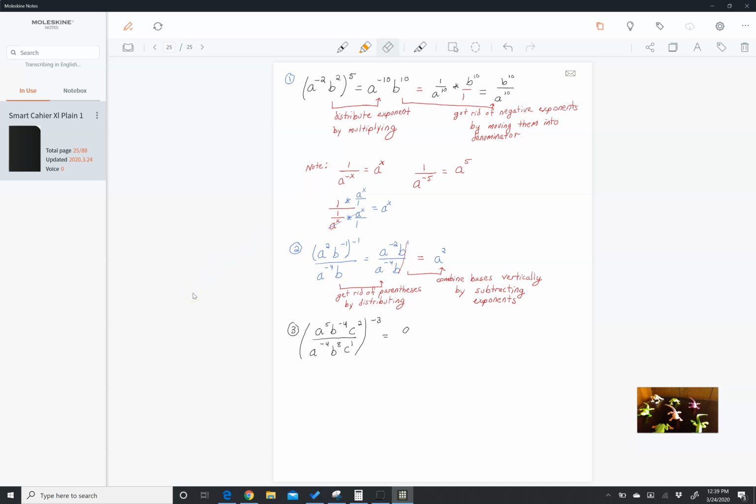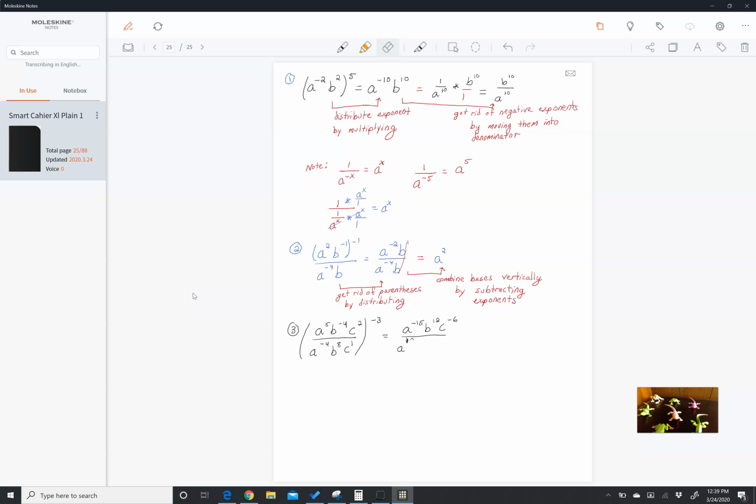So we have a to the negative 15, b to the positive 12, we're multiplying. Do not add and do not raise to an exponent. So don't do 2 to the negative 3. You're doing 2 times negative 3. Then we have a to the positive 12.